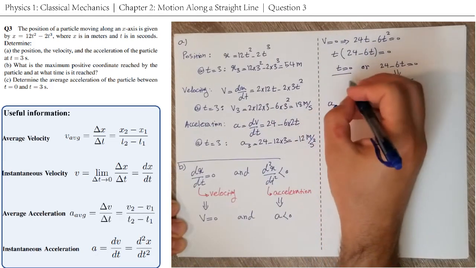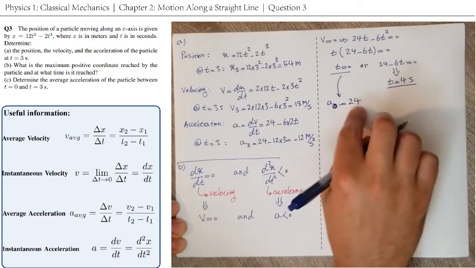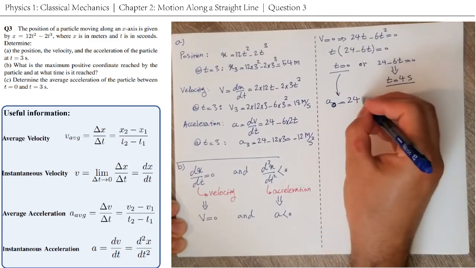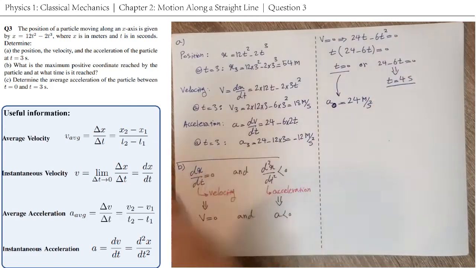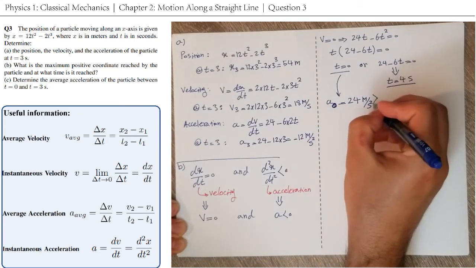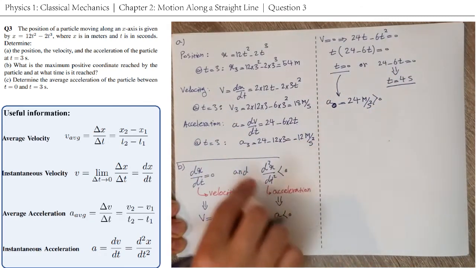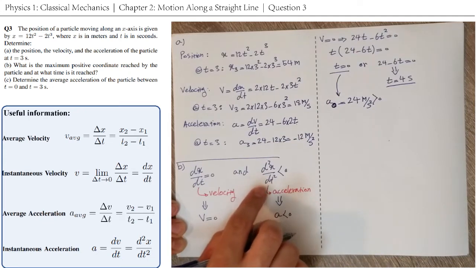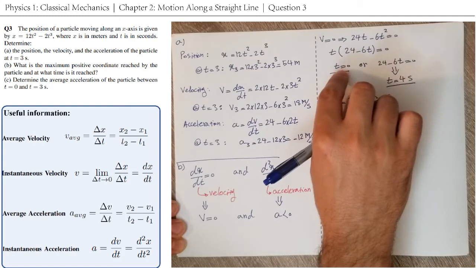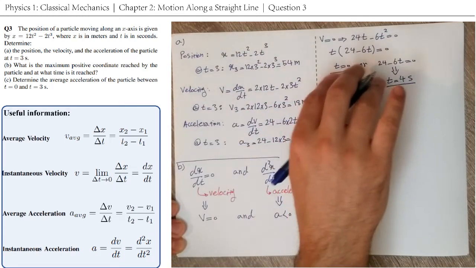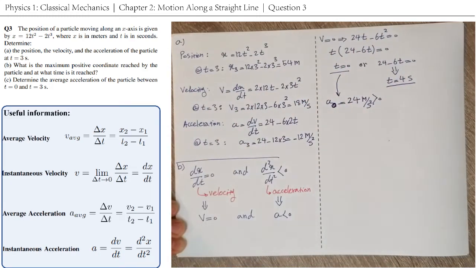At t equals 0, acceleration is 24 meters per square second, which is positive. So this is not satisfying the second condition, which means that t equals 0 is not giving me the maximum value of x. So t equals 0 is not a possibility.